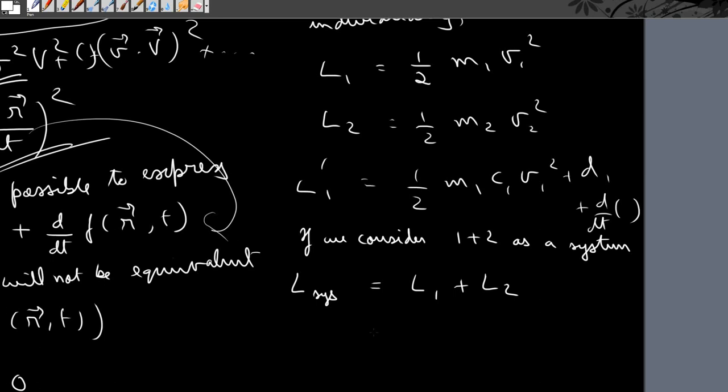Now this is nothing but half m1 v1 square plus half m2 v2 square.